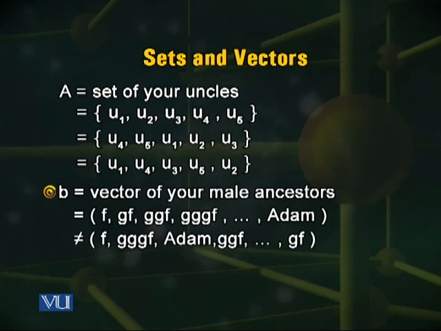Now, if somebody asks you to list your lineage, your ancestry, that is your father, his father, that's your grandfather, his father, which is your great-grandfather, and so on and so forth. If you start listing these people, then you better list them in a specific order, like first your father, then grandfather, then great-grandfather, so on and so forth, all the way till Adam.